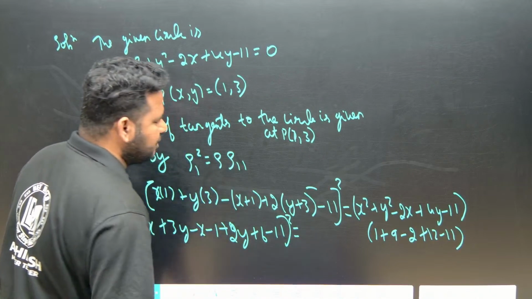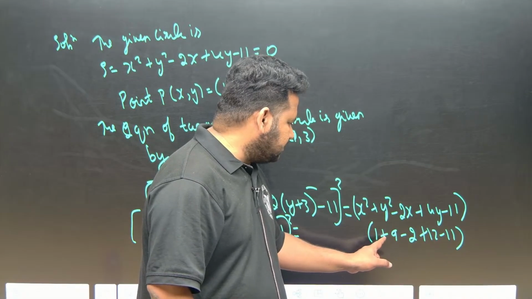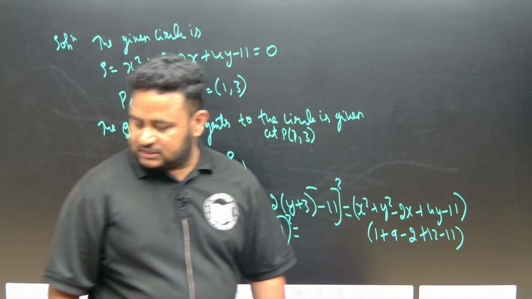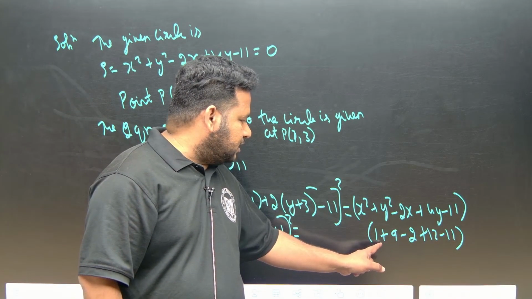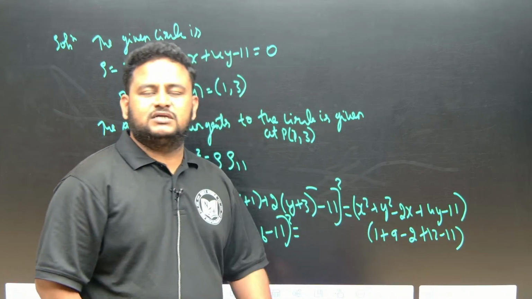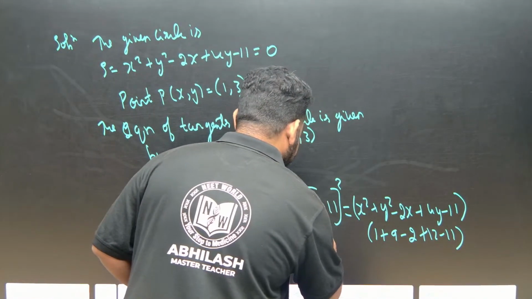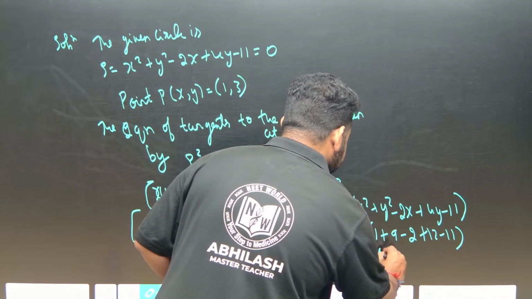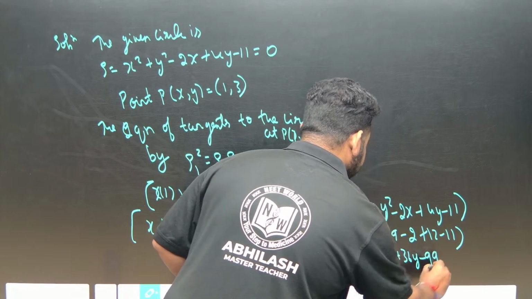On the right, 9 plus 1 is 10, 10 plus 12 is 22, 22 minus 13 is 9. So this will be 9x square plus 9y square, 9 times 2 is 18x, 9 times 4 is 36y, minus 99.